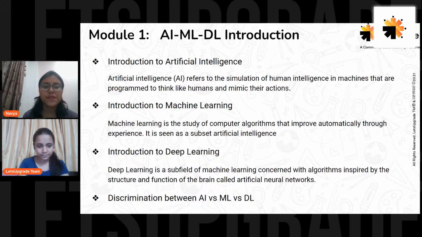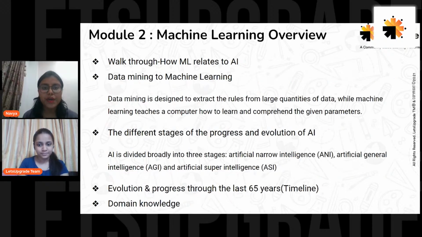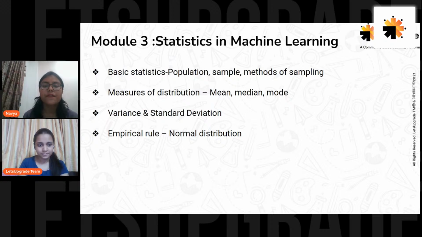We also went through some live examples of ML, DL, and AI, and I told you what classifications come under ML and DL and how these subsets are interrelated. Then we also talked about the different applications of AIML and DL, and saw an overview of machine learning.